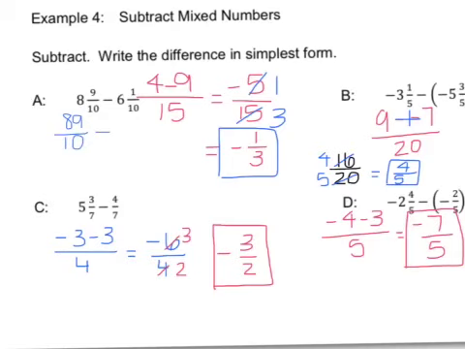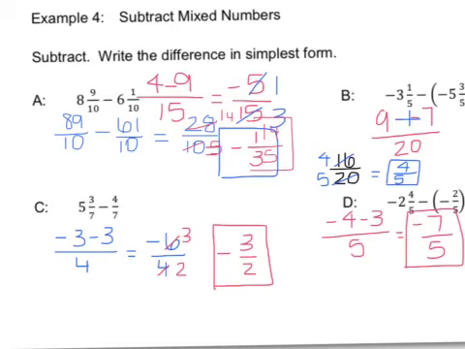Minus 10 times 6 is 60, plus 1 is 61 over 10. So now you can do your subtraction. So 89 minus 61 will give us a 28 over 10. We can do some reducing. Well, they can both be divided by 2. So 28 divided by 2 gives us a 14. And 10 divided by 2 gives us a 5. So we're left with 14 over 5.